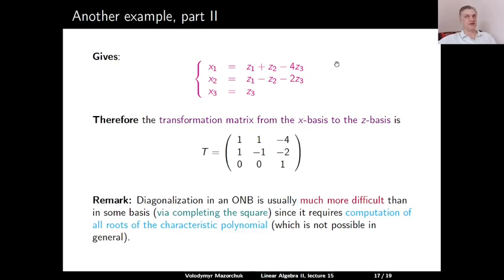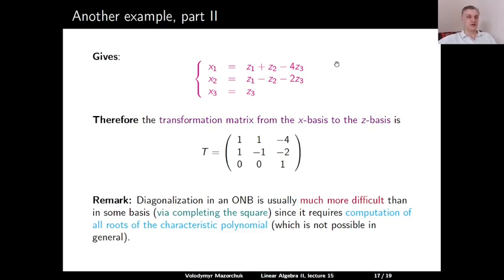Remark: it is very tempting to use the technique of diagonalization in an orthonormal basis when working with a quadratic form. However, in general, this is a much more complicated problem than diagonalization using completion of the square.